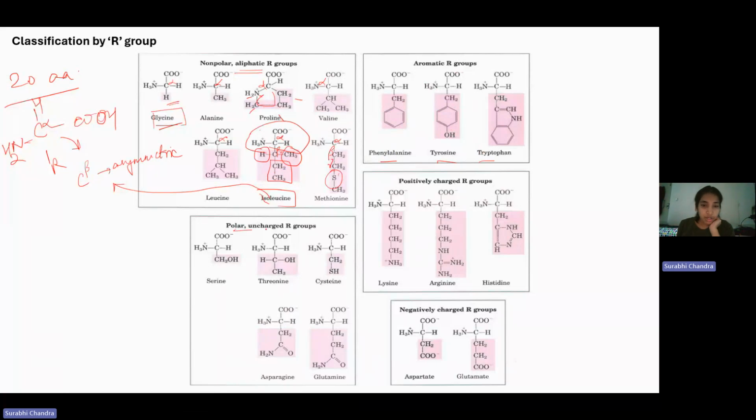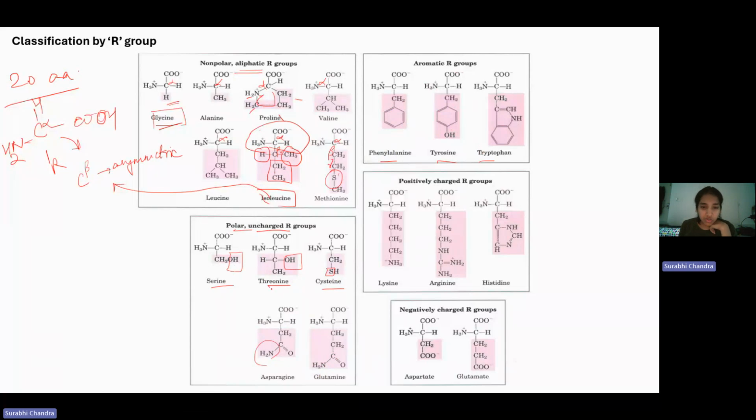Next, we have polar but uncharged R groups. So here we have serine and threonine, which is again due to the presence of the OH group here. This renders it a polar characteristic, whereas cysteine here has sulfur attached to it. Asparagine has an amide group attached to it. Glutamine also has an amide group attached to it.